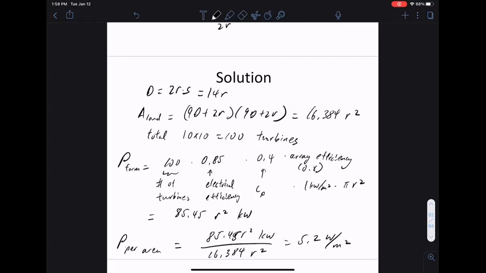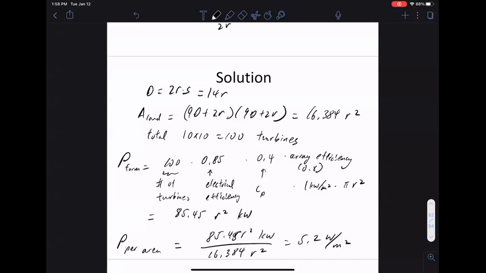Even though each turbine seemingly generates a lot of power, if you have many of them, they need to be far apart, so the power density per land area is often not that high, maybe lower than you expected.